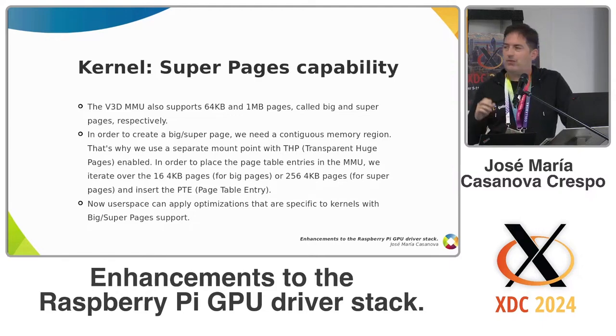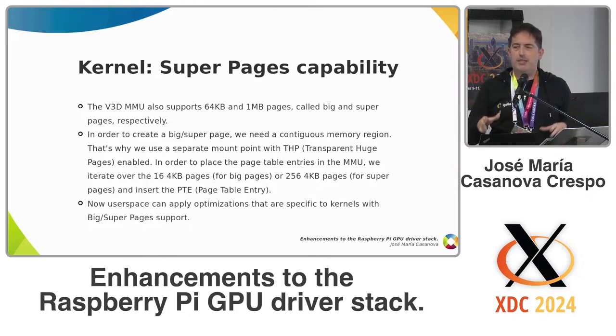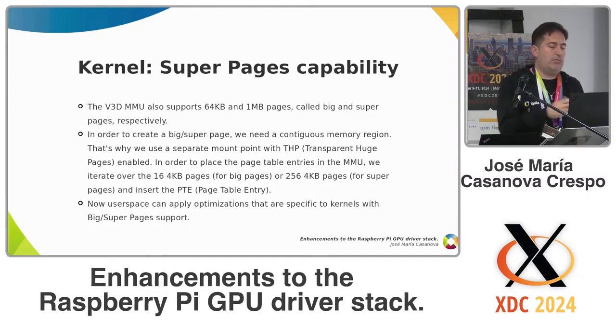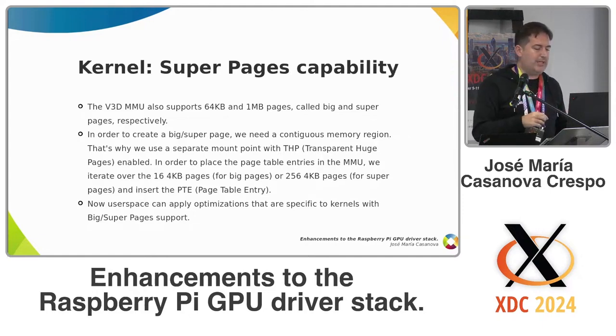One interesting feature that we have recently enabled in the kernel is support for the super pages capability. The V3D memory management unit supports 64 kilobyte and 1 megabyte pages. These are called big and super pages. To manage that, we need to create a contiguous area of memory, and we need to enable transparent huge pages support in the kernel.